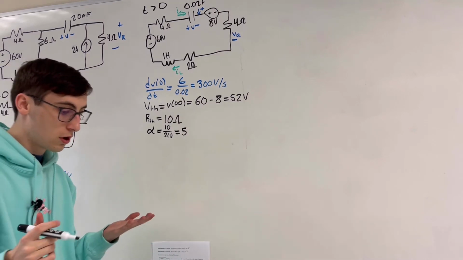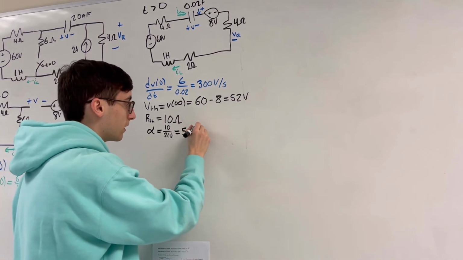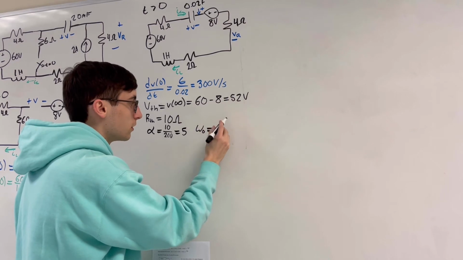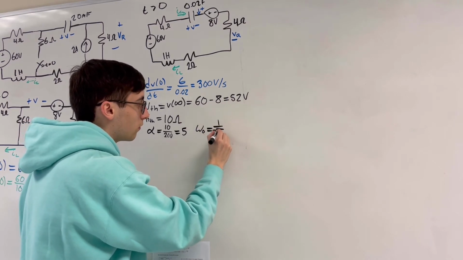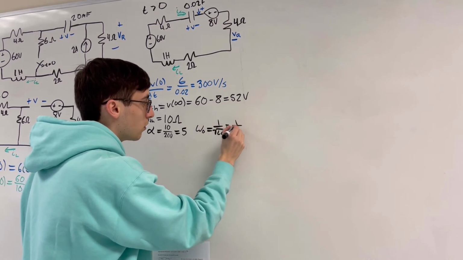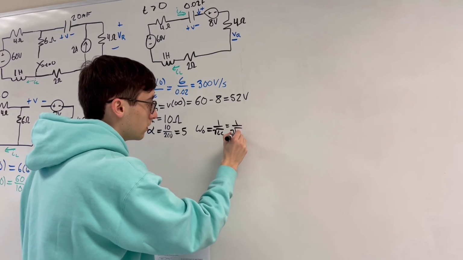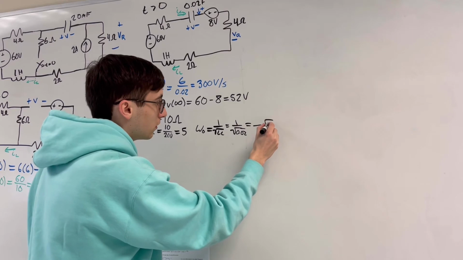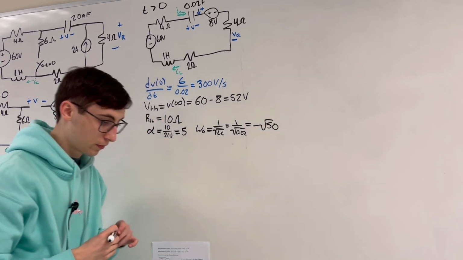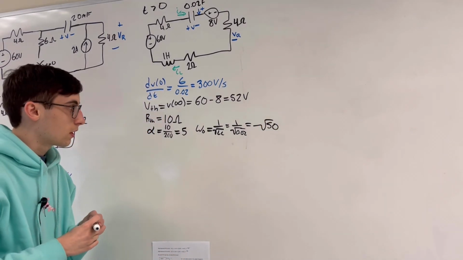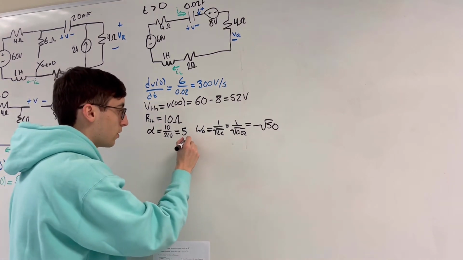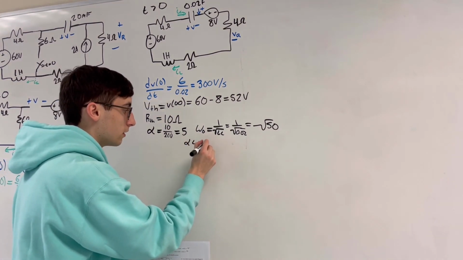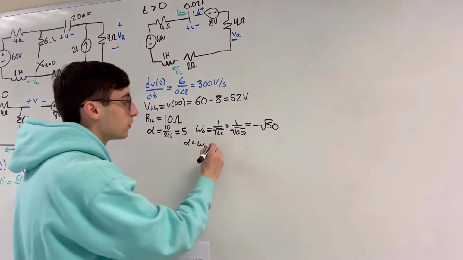And now we want to solve for our omega 0. So omega 0 is simply going to be 1 over the square root of LC, which is 1 over 0.02, which is going to be equal to radical 50. And that means that our alpha is less than omega. So now we are at case 3.